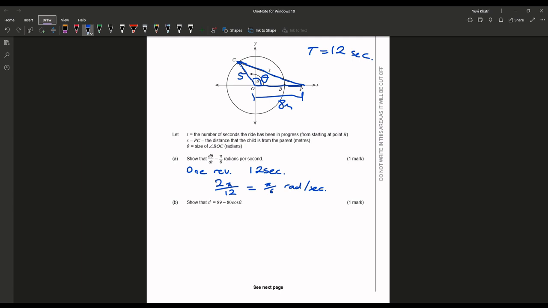For that, we can use cosine rule. Simplifying this, and that gets us the answer.